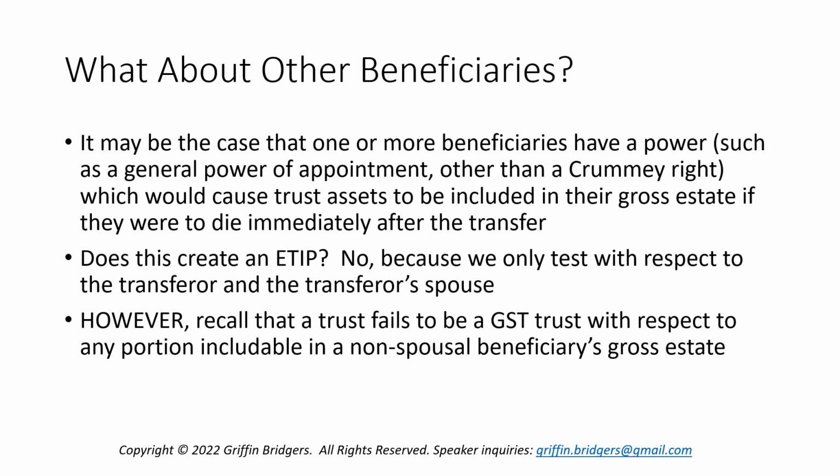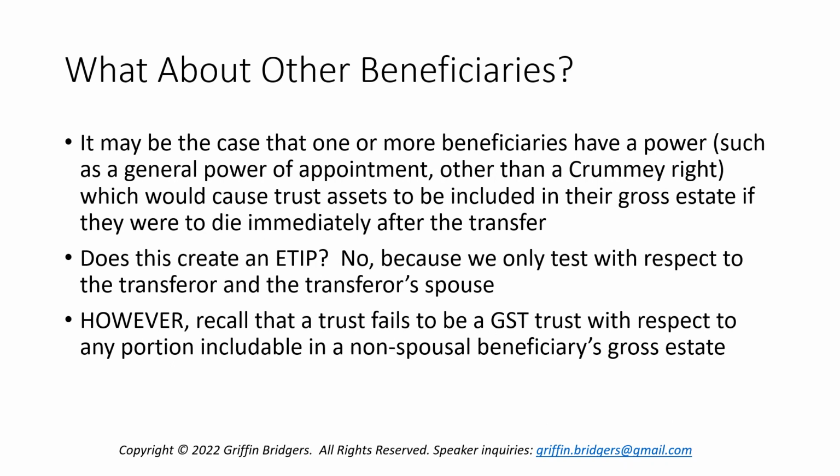However, last time in Part 9, we looked at these tests to have a GST trust. If you recall, one of the tests that you can fail is the question of whether any portion of the trust is includable in a non-spousal beneficiary's gross estate. And if that's the case, you won't have an ETIP, but you will fail the GST trust test, and you don't get automatic allocation.